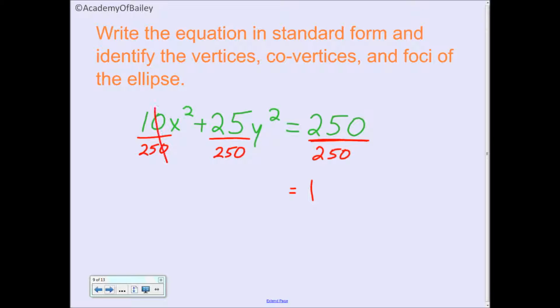So on the left side, I know the zeros cancel, leaving me with 1x squared over 25 plus, I know 25 goes into both of them, so it goes into this once and into the bottom 10 times. So this is going to be y squared over 10. And so there's the equation in standard form.